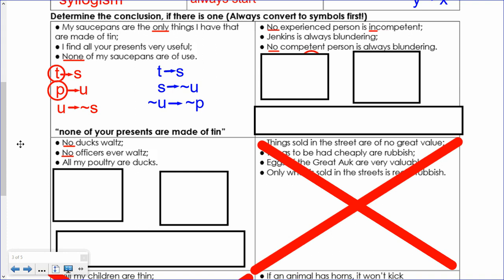Now, I underlined the "in" for incompetent because I see competent show up again, so I'm going to have to make a connection between those two words. What does no do when it's at the beginning? It switches the ideas, right? So how would I write this statement as a conditional?